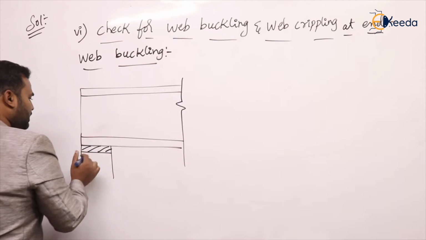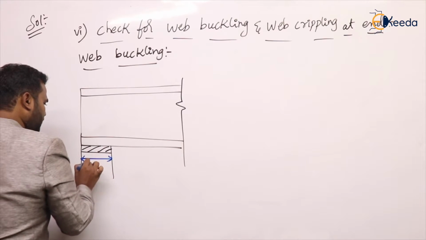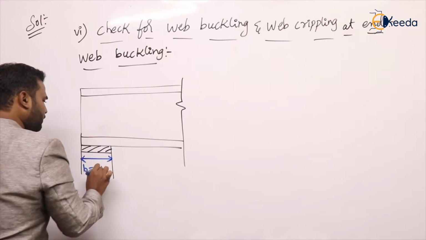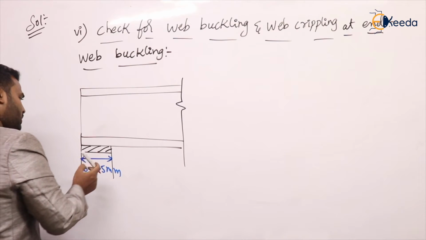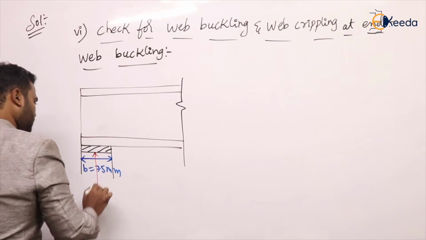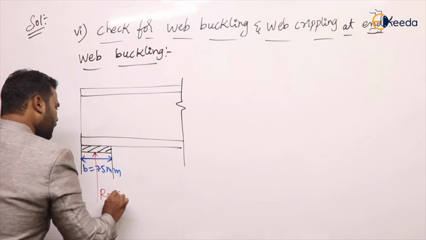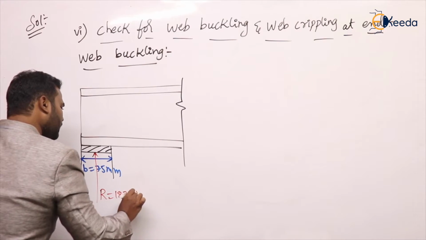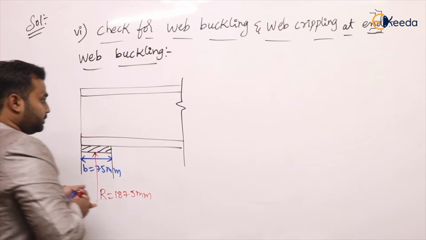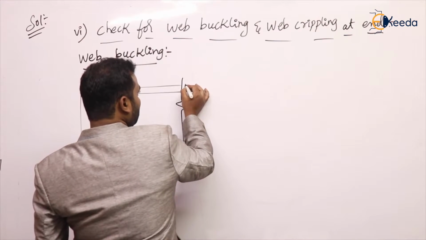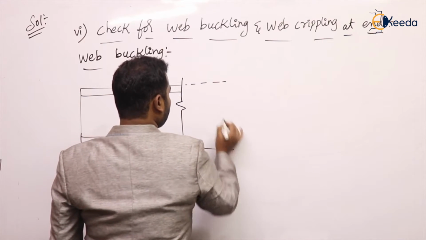This is the stiff bearing length b. How much is given? 75 mm. And this is how the reaction is going to act. R, how much is the reaction? 187.5 kN. Is that clear? Now here I will show you the cross-sectional view.